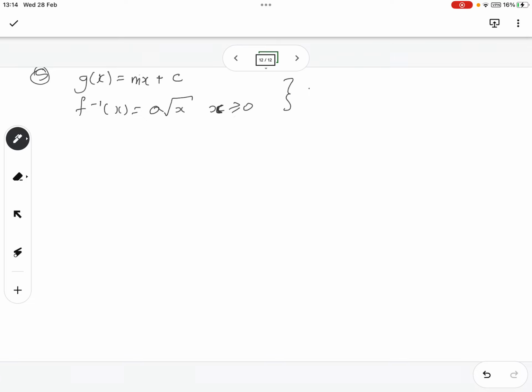Both graphs pass through the point P, which is (4, -1). All right, and then we're given a sketch.